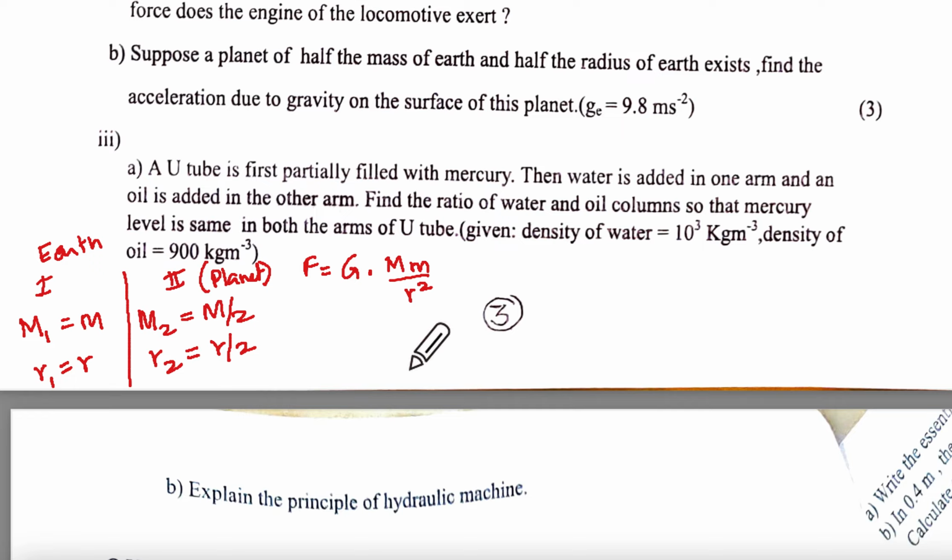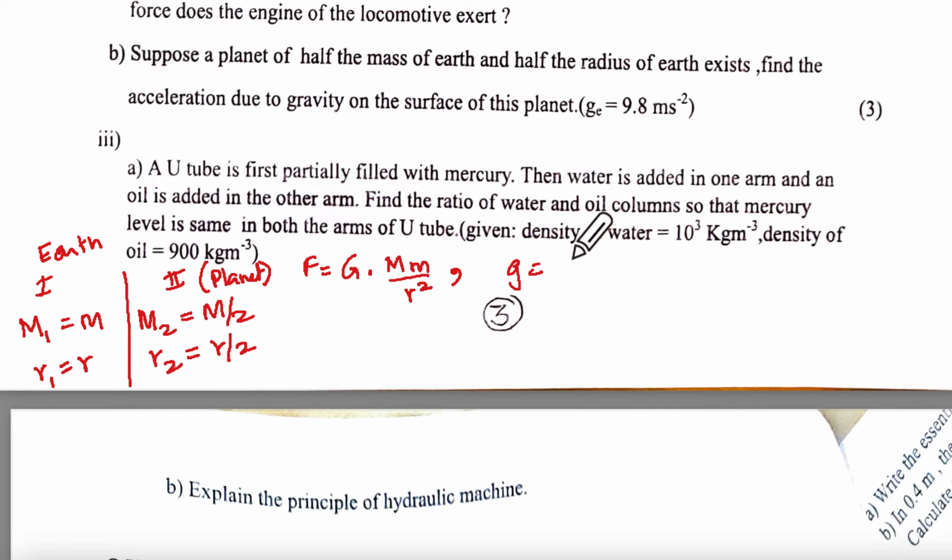How do we go with this? Acceleration due to gravity is small g, no? What have they given about small g over there? 9.8. That is here in the formula. Small g is big G m upon r square.